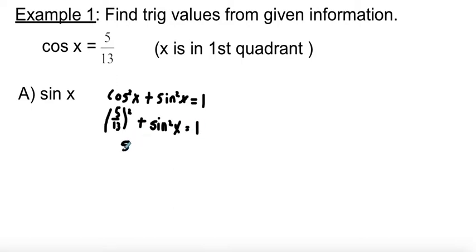So I can subtract off the 5/13 squared. 5/13 squared is, I can square 5 and I get 25, and I can square 13 and I get 169.